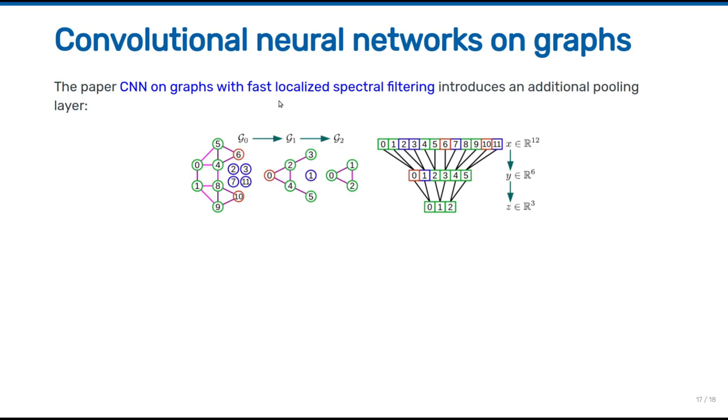It's relatively simple and explained on this picture. You start from the original graph on the left here, where the blue nodes are fake nodes, and we'll see why they're introduced later. The authors consider a clustering algorithm.